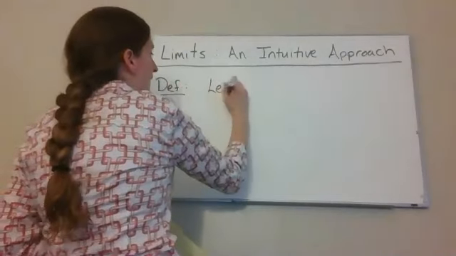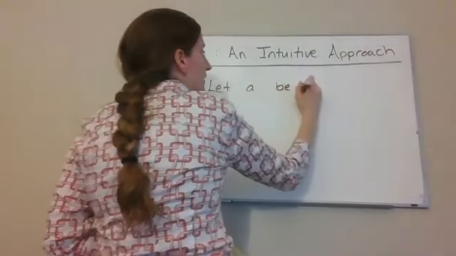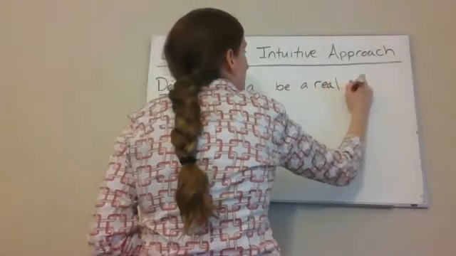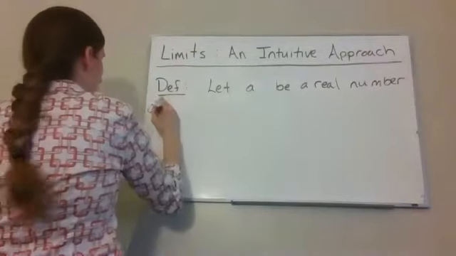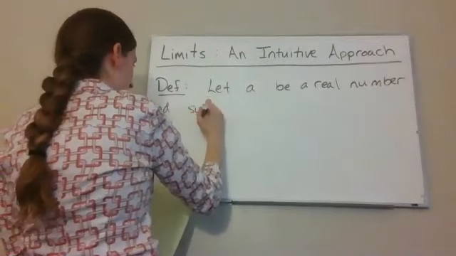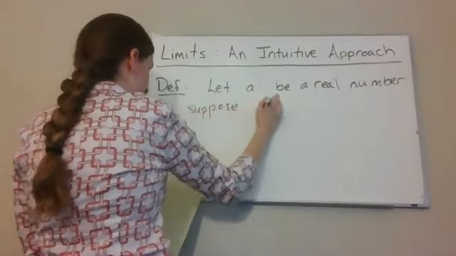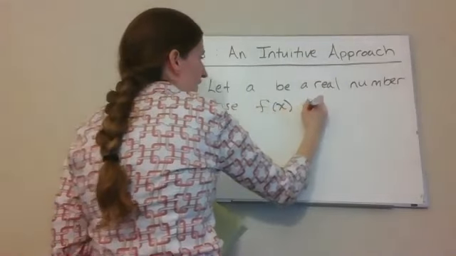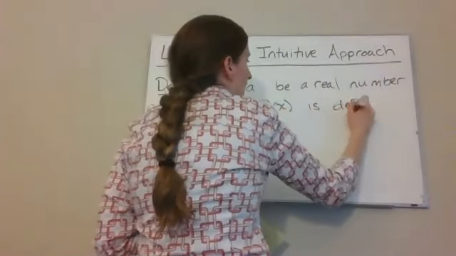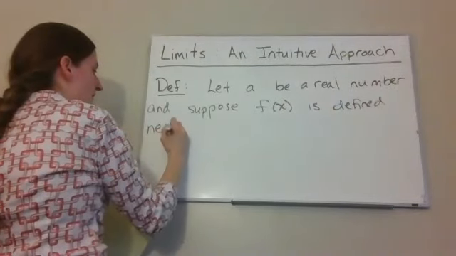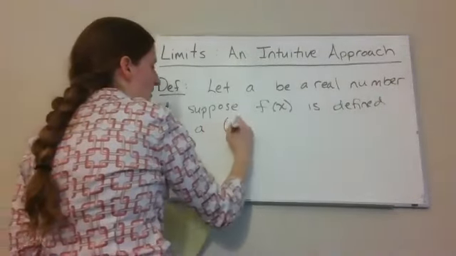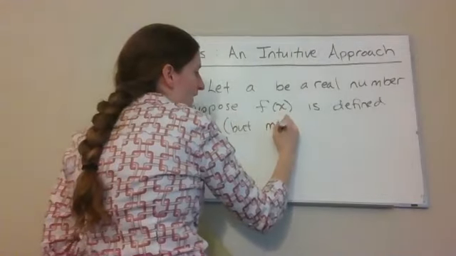We are going to let A be a real number. And we're going to suppose that f of x is a function that is defined near A, but maybe not at A itself.